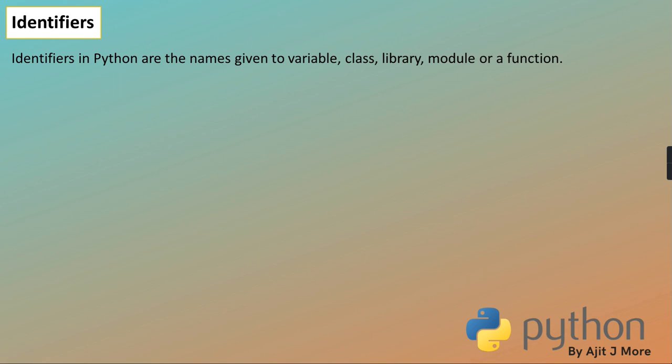Now you will give some meaningful name, but it has to follow some naming rules which are prescribed by the designer of the language. Correct? So the language designer has given some rules for naming an identifier. So what are those rules?